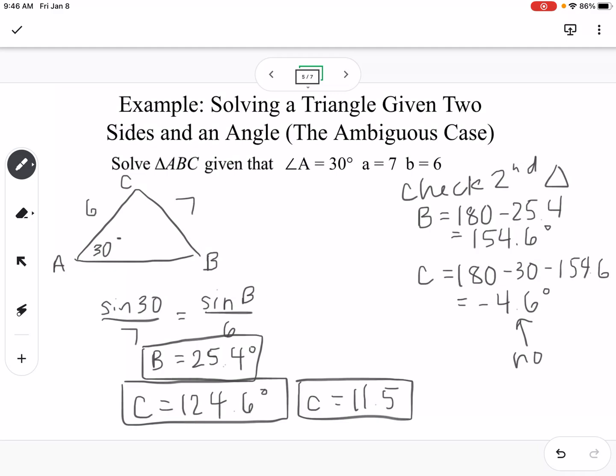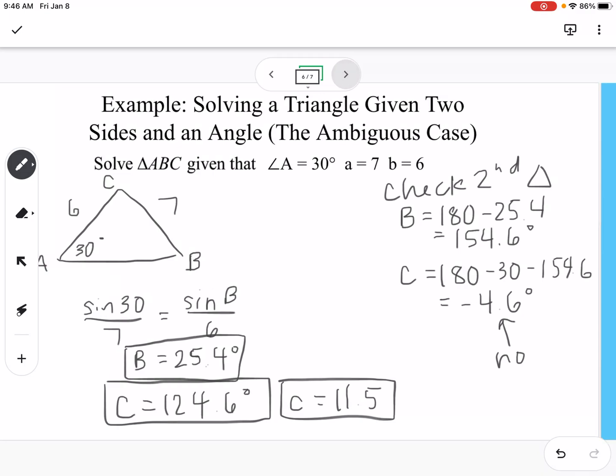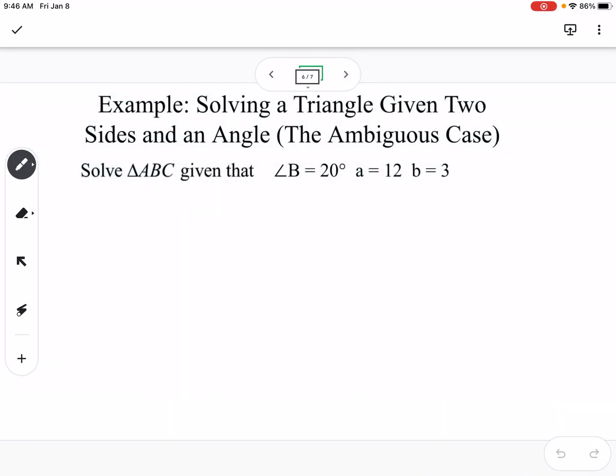Okay, so that's a situation where there's only one triangle, but you can see how we checked and it didn't work to have a second one. Now the third ambiguous case, so we're going to check this. So we have angle B. I always like to put my angle in the lower left-hand corner no matter what letter it is. That's just my habit.